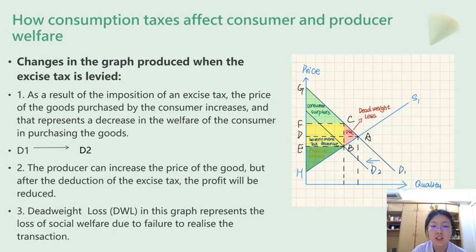The producer can increase the price of goods, but after the deduction of the excise tax, the profit will be reduced. The pink triangle is the deadweight loss, and that means the loss of social welfare due to failure to realize the transaction.